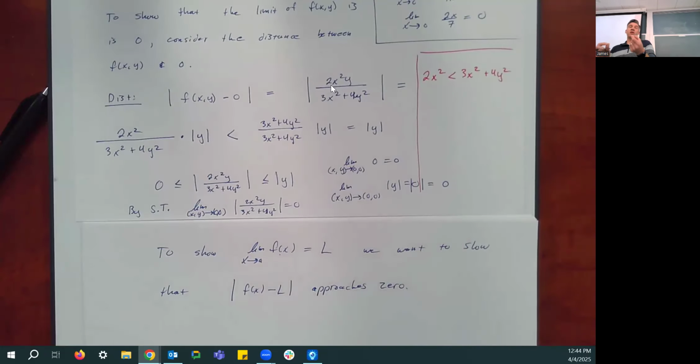Because if the distance between these two things is 0, that means the function is getting closer and closer to the limit value. That's the whole thing. That's it.